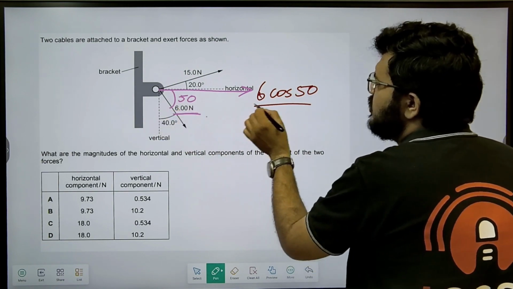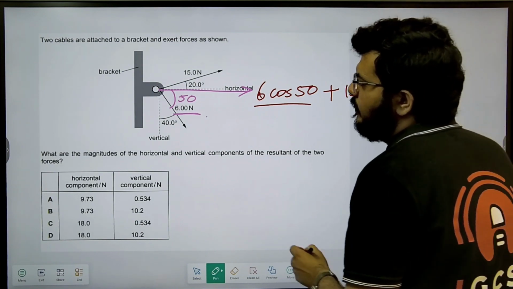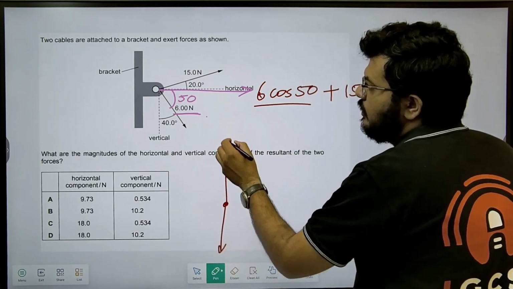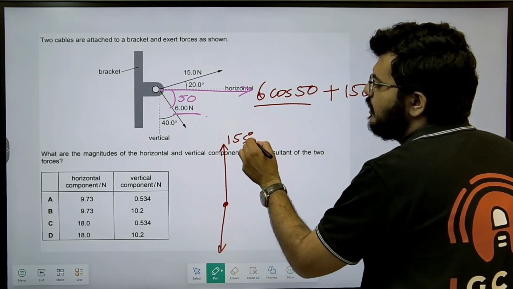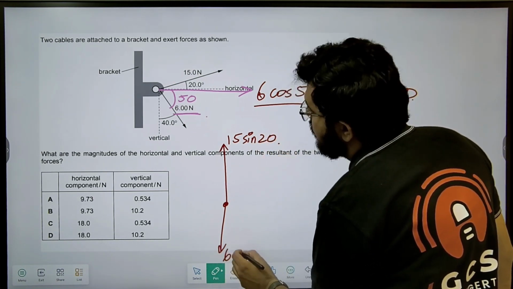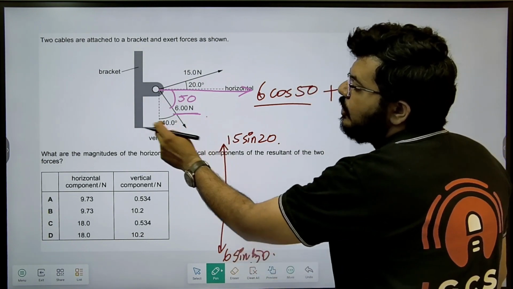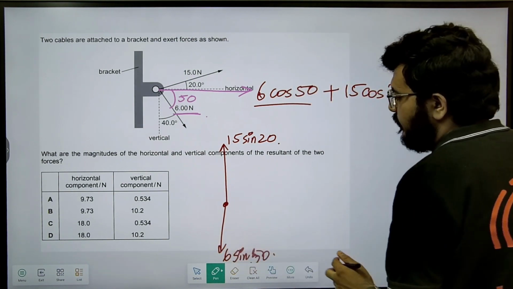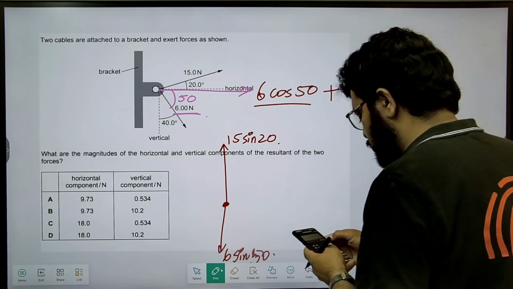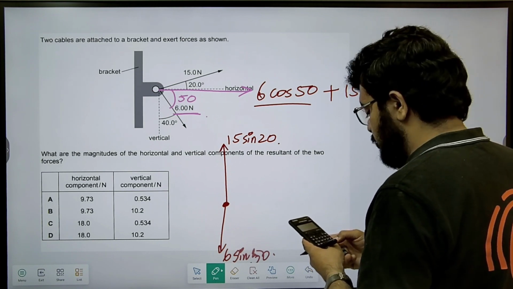So horizontal force is 6 cos 50 plus 15 cos 20. Okay, and the components of vertical forces are in opposite direction. This is 15 sine 20, right? And this will be 6 sine 50. You can also write 6 cos 40. That will also be same. But this is what I have, and this will give me the answer. So I have 6 cos 50 plus 15 cos 20.